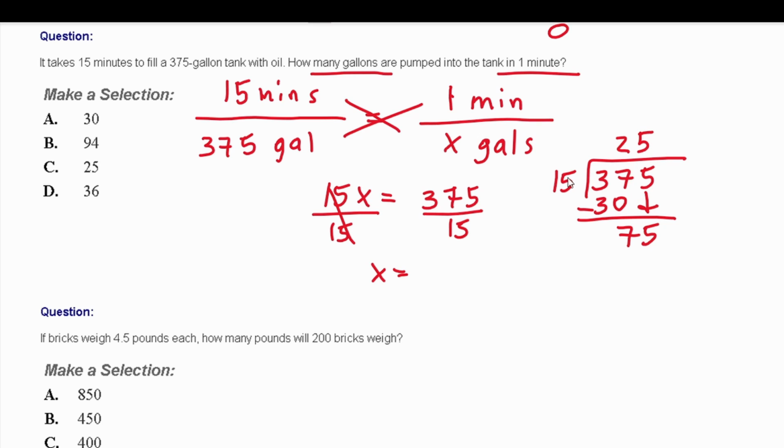So that's 5 times. 5 times 15 is 75. So there's no remainder. And as we can see, X refers to gallons in our proportion here. So in other words, if it takes 15 minutes to fill a 375 gallon tank with oil, that means every minute 25 gallons are being pumped into the tank, which is C.